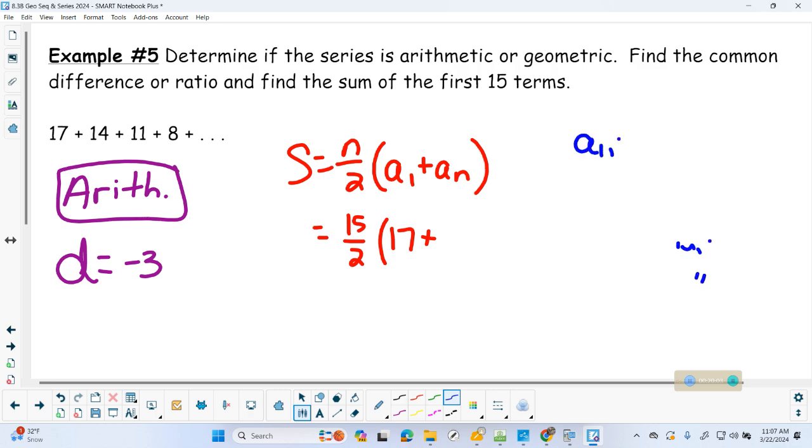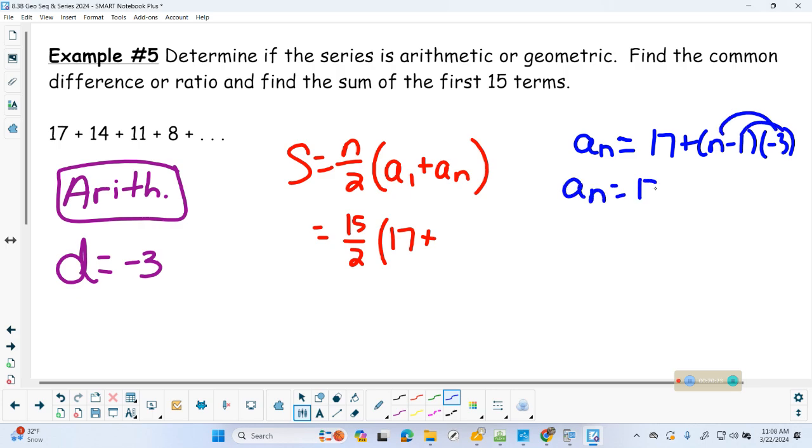So the first term, my sweatshirt keeps hitting the board here. The first term, of course, let's use our formula. That's an equals. First term 17, n minus 1 times our difference. And remember, we want the 15th term. So, let's distribute, and then we'll put a 15 in there. So I'm going to have 17 minus 3n plus 3.